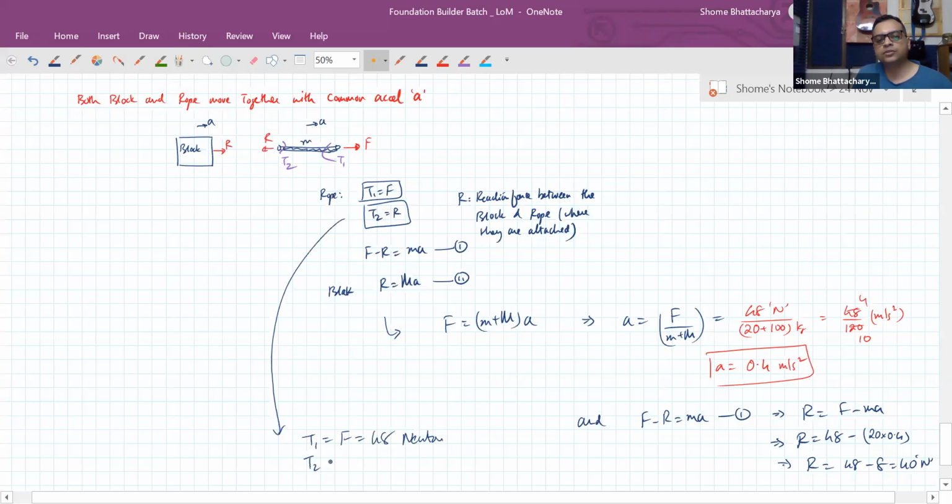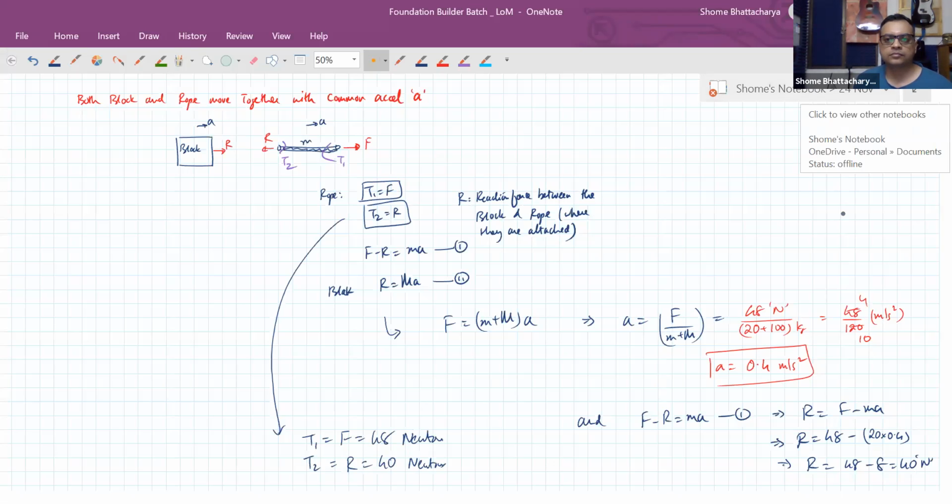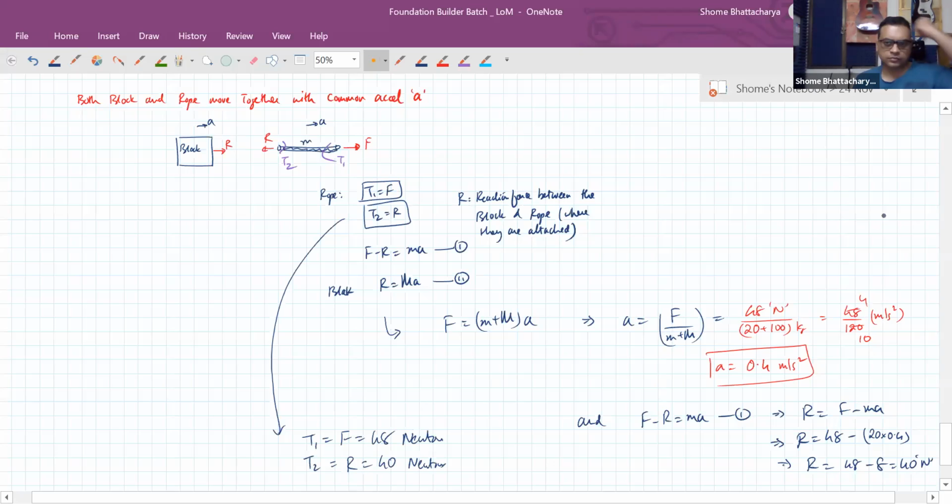Tension at the other end of the rope is equal to this reactionary force, which is 40 newtons.